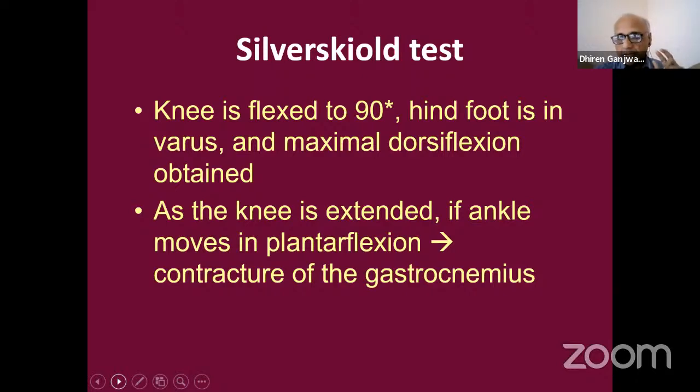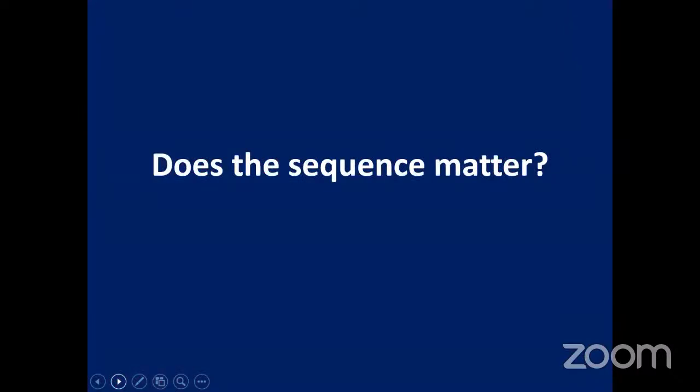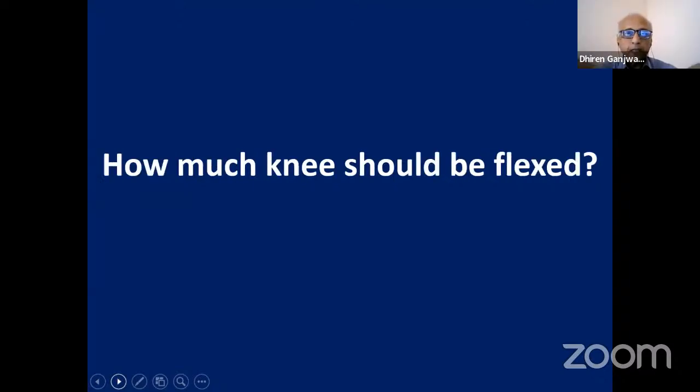Another important thing is that we have to keep the hindfoot either in neutral or in inversion, but don't keep it in valgus. Otherwise, we will not get the correct idea about the length. Okay, does the sequence matter? They say that the sequence is not very important. Whichever sequence we do, that's okay.